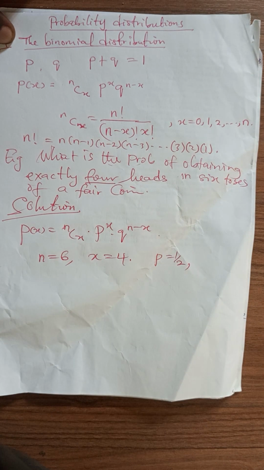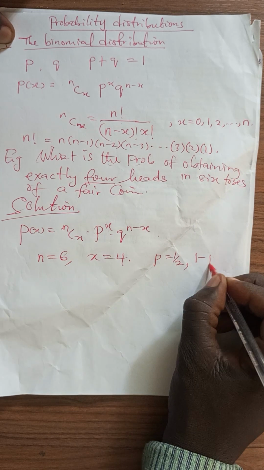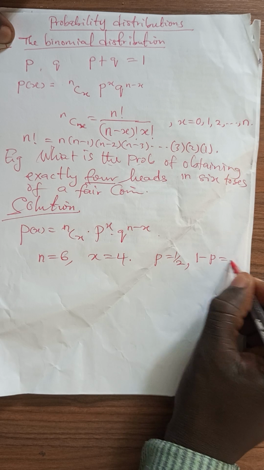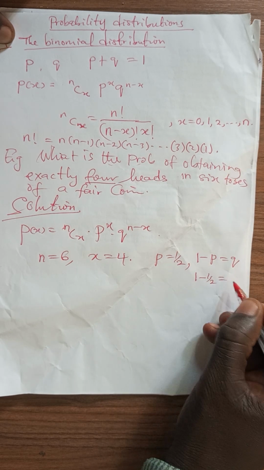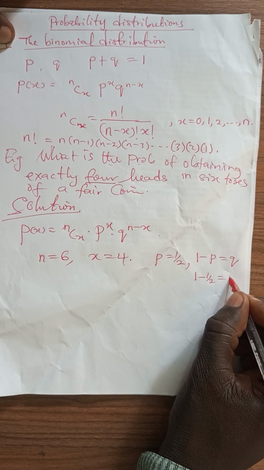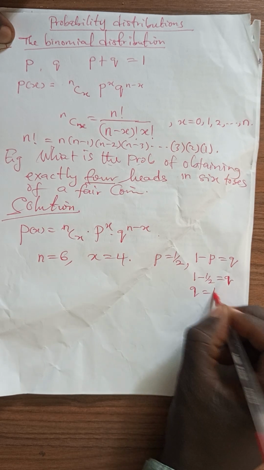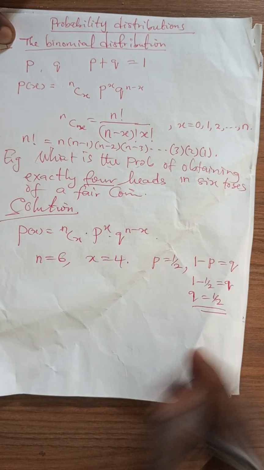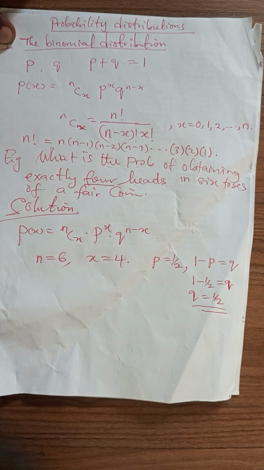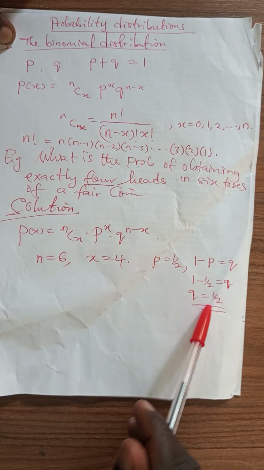To get the probability of failure, which is Q, we say 1 minus P is equal to Q. Therefore, Q is 1 minus 1 over 2, which is equal to 1 over 2, because 1 minus half is equal to half. So Q is equal to half, as well as P equal to half. Therefore, we have our values for N, X, P, and Q.